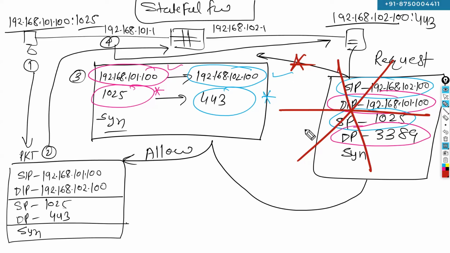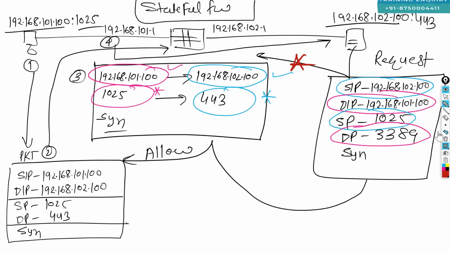Okay. What I am saying is that when this server initiates a request instead of a reply, that request will contain source IP, destination IP, source port, and destination port. That request will go to the firewall. The firewall will match layer 3 information.